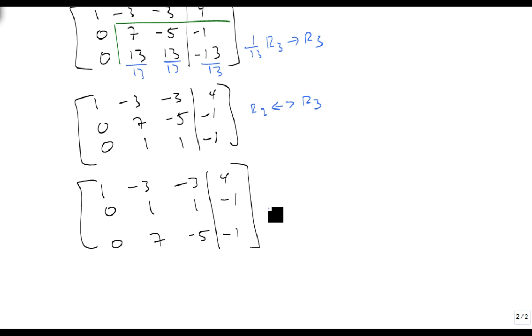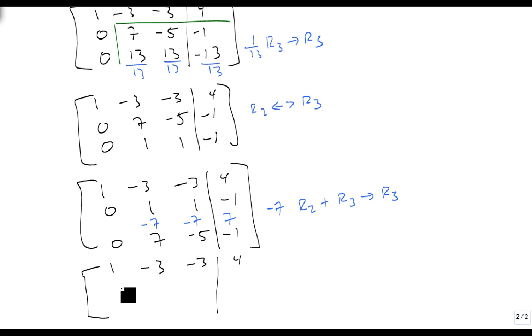Now we're going to take minus 7 times row 2, add that to row 3, and store that in row 3. That's going to give me a minus 7, a minus 7, and a plus 7. When we do this, we get 1, minus 3, minus 3, 4; 0, 1, 1, minus 1; and 0, 0. Notice that this was also a 0. That's why we need this one to be a 0 before we can go any farther.